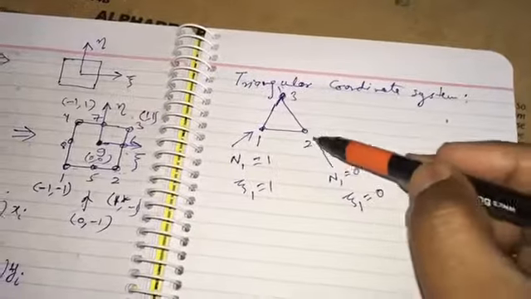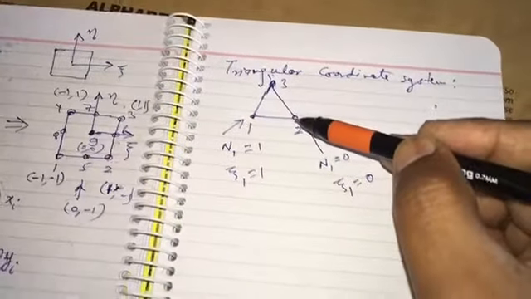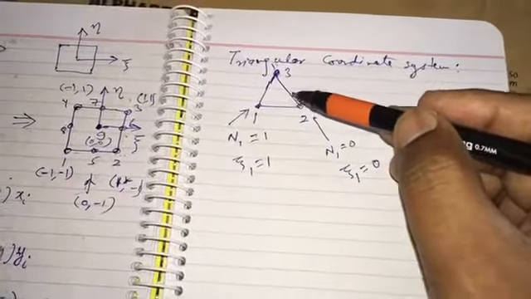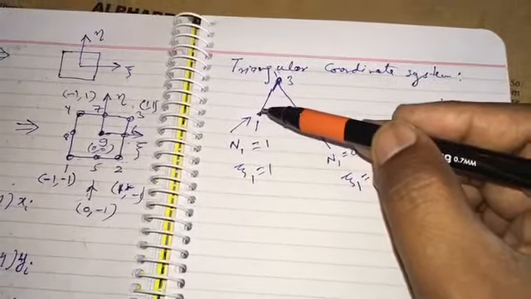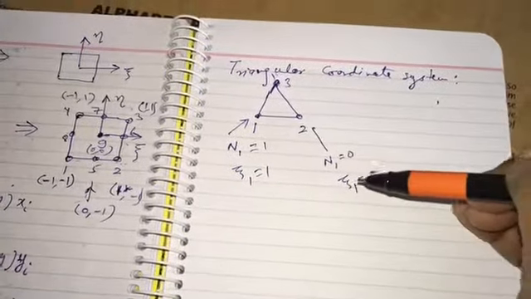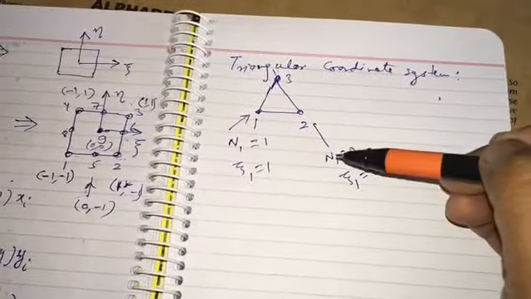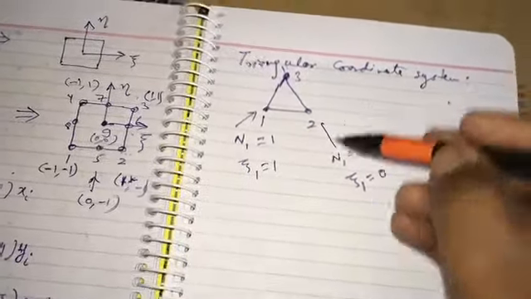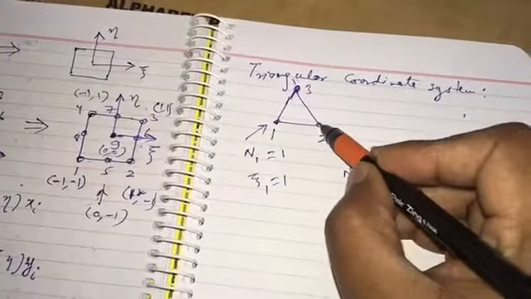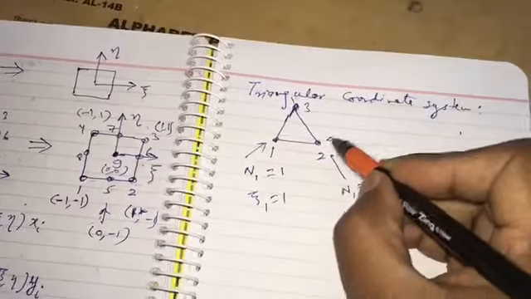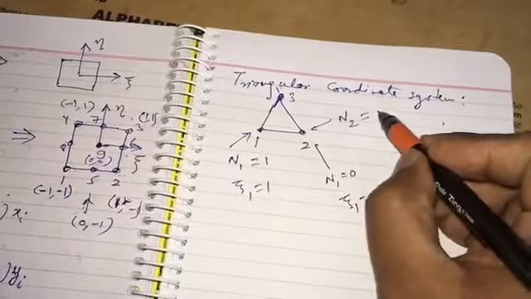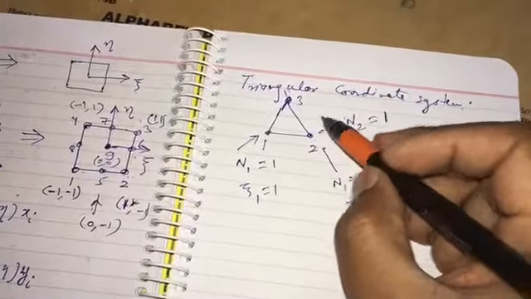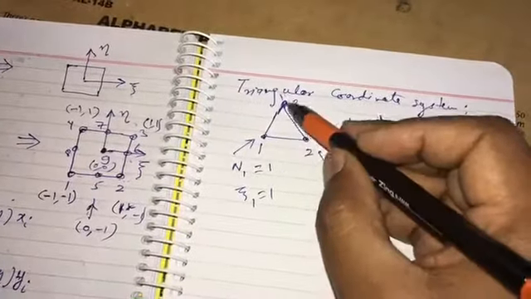On this line connecting nodes 2 and 3, xi 1 equal to 0, and xi 1 is equal to 1 at node 1. So xi 1 is actually equivalent to N1 only. So we are just writing xi 1 here, but this is equivalent to N1. Similarly for N2, for example, N2 will be equal to 1 at node 2, and N2 equal to 0 on this line.